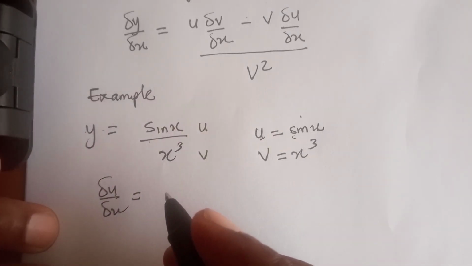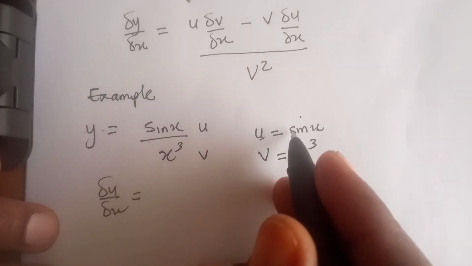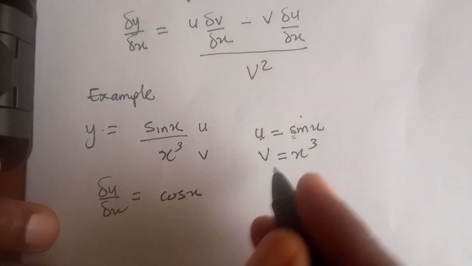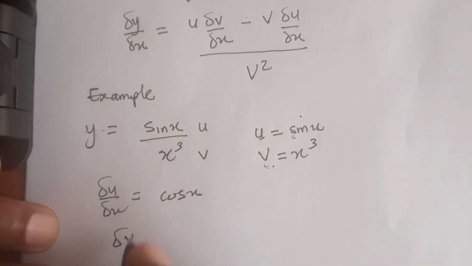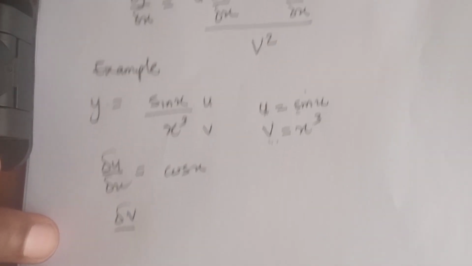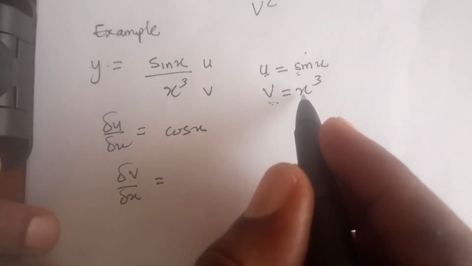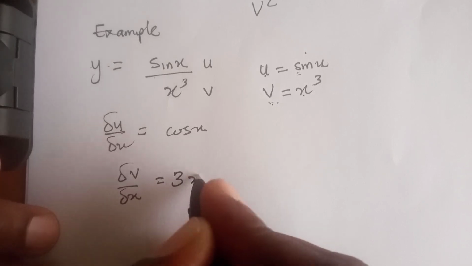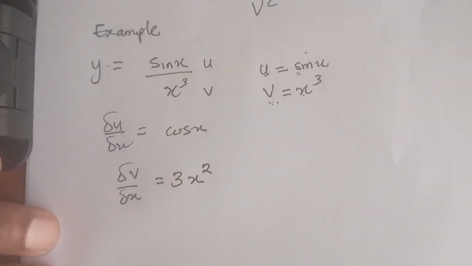You look at the special derivative table. I showed it in my previous video. The derivative of sine x is cos x. We also find the derivative of this, dv dx equals, what's the differentiation of this? This one is simple, which is 3x squared.